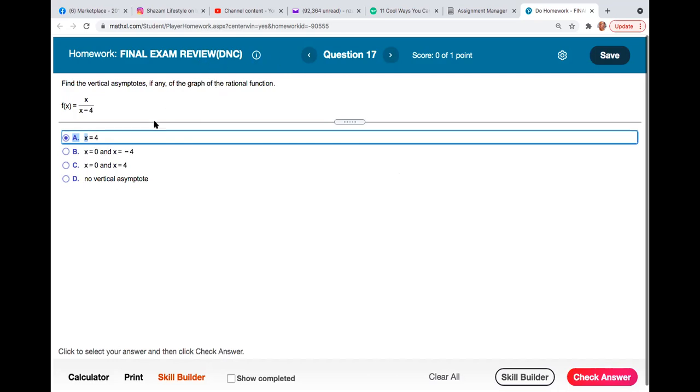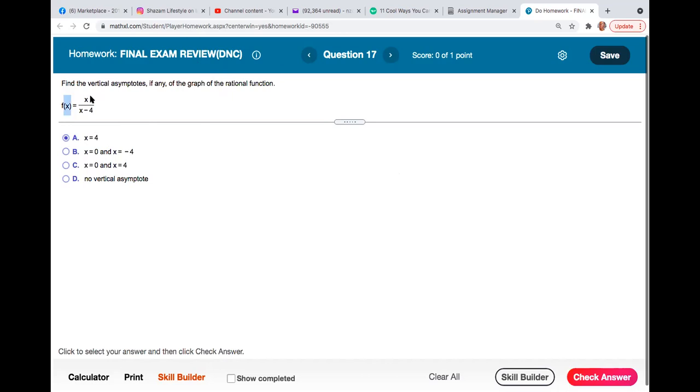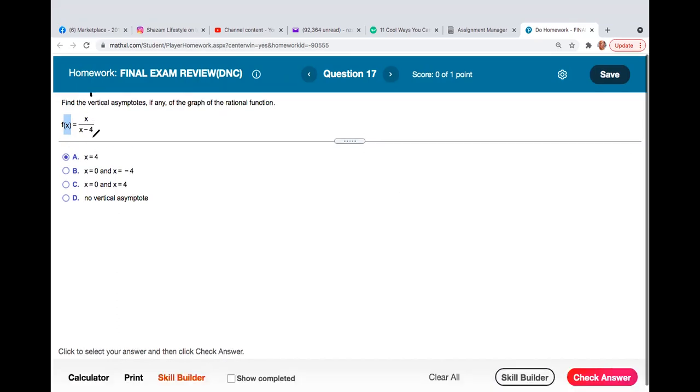For the horizontal asymptote, this is asking you to look at the degree in the numerator, degree in the denominator, and then determine what your horizontal asymptote is going to be. So the degree in the numerator is 1, degree in the denominator is also 1, since they're equal to each other. The horizontal asymptote will be y equals the leading coefficient in the numerator, the number in front of x in the numerator, over the lead coefficient in the denominator, which is also 1.